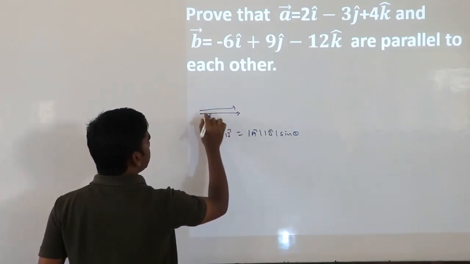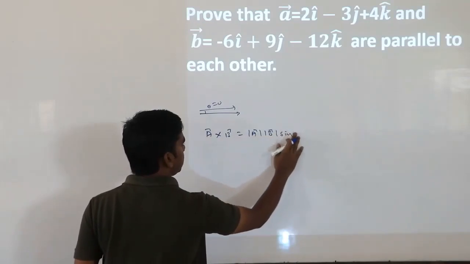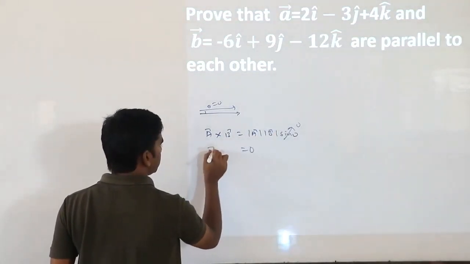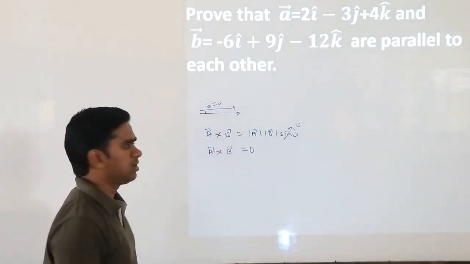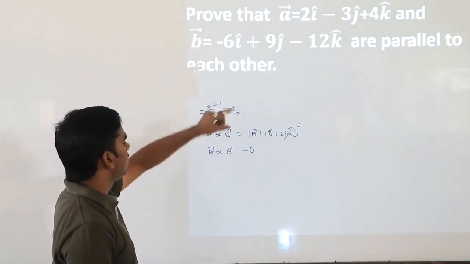They are parallel means angle theta is 0. If you substitute theta equals 0, sine 0 is 0, so vector A cross vector B will be 0.